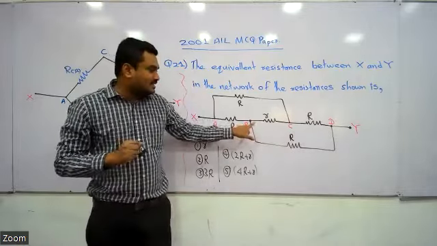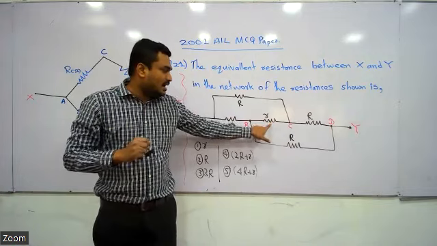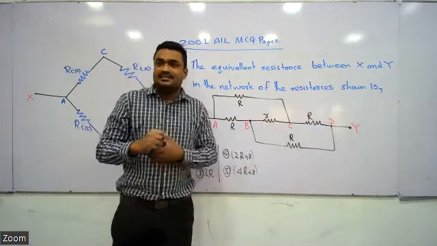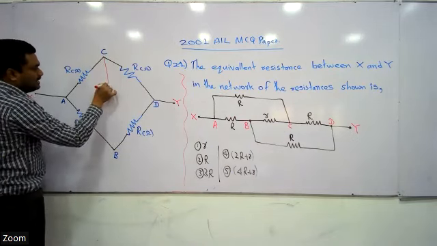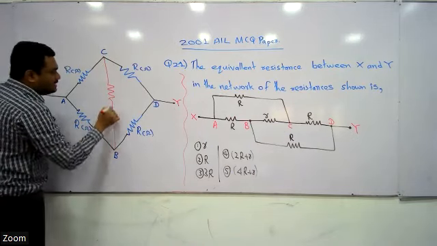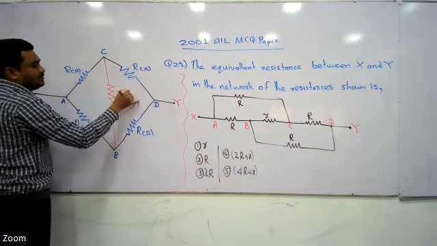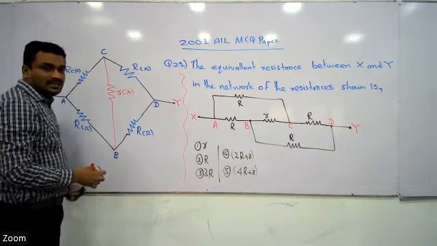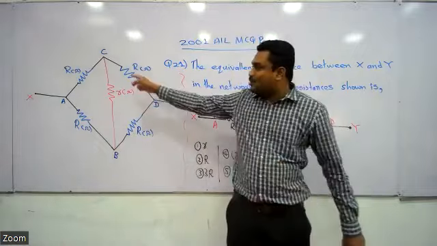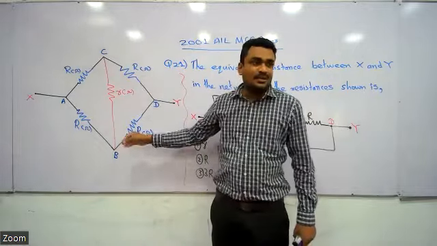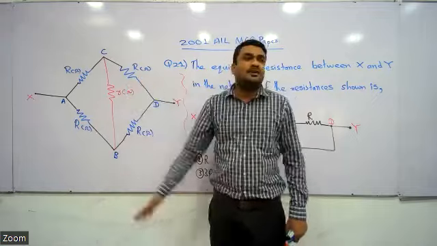What is that resistor here? That's the resistor of simple R in between B and C. So as this is a balanced Wheatstone bridge, no current flows in the BC branch. So when no current flows through a branch, we can forget that branch.